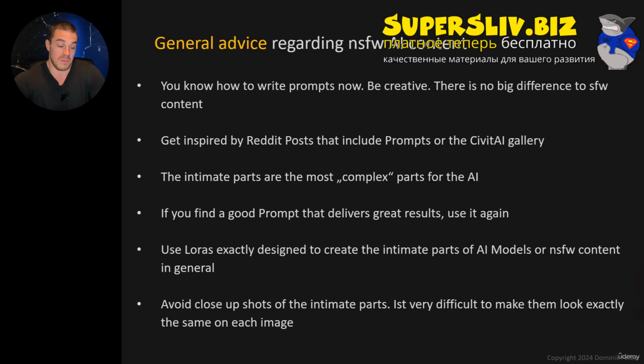And this is just nature, but it's quite difficult for an AI to understand how this body part should look. So just keep in mind that it's in general the most difficult part. There are some tricks you can use, which we'll come to later.